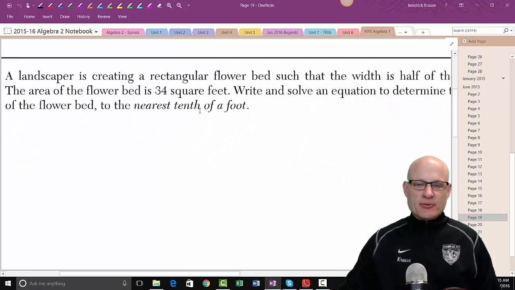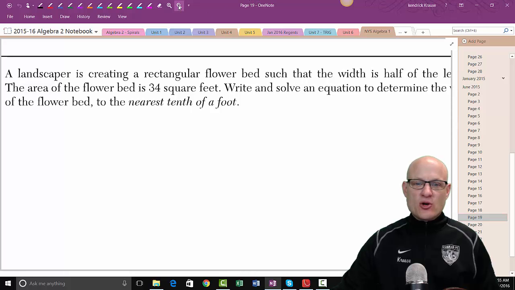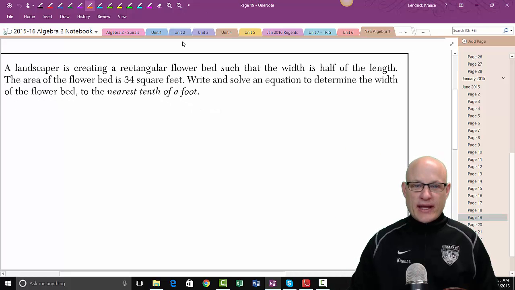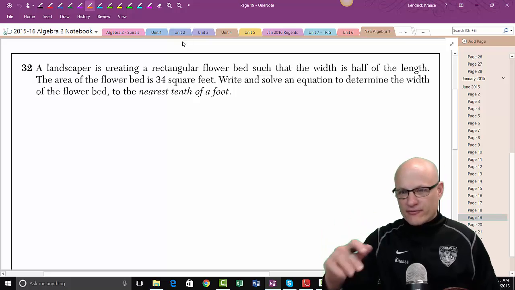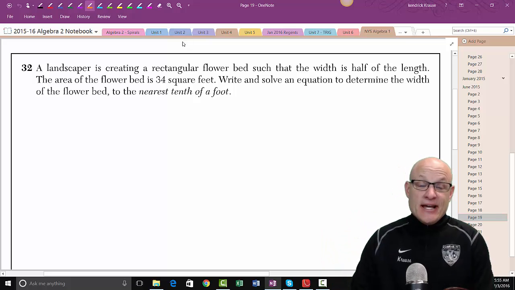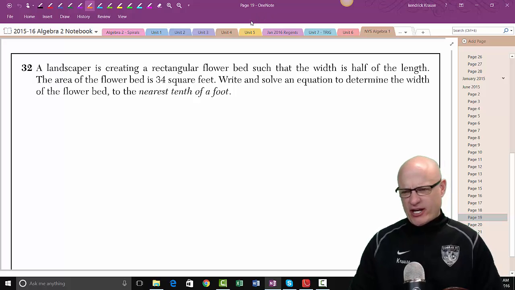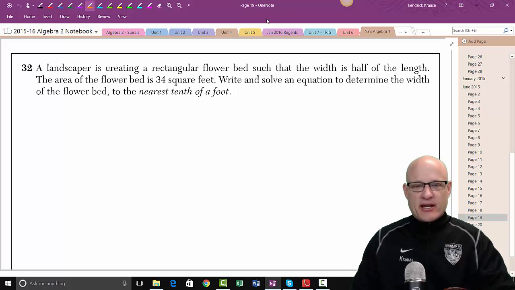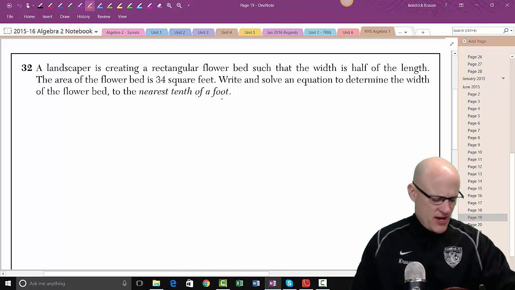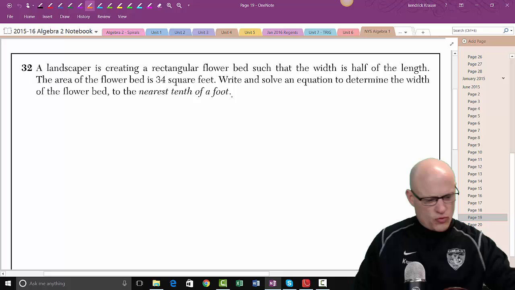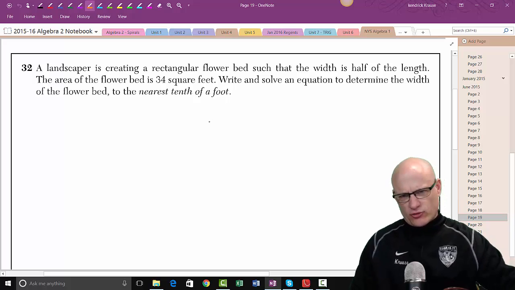So a landscaper is going... No landscapers, by the way, make rectangular flower beds. They make all these creative things, but that's calculus, not algebra. So you guys will have to worry about that when you get to calculus. They'll have a flower bed represented by a trigonometric, radicalized, crazy equation.